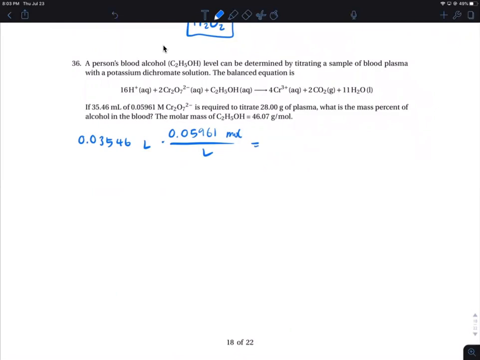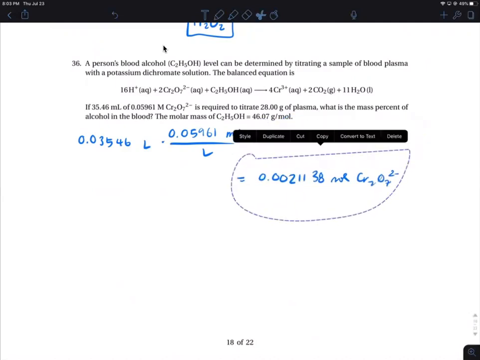And that's going to give us around 0.00211138 moles, 0.2072 minus. And then from here, we can go ahead and, I should have done this in one step. I'm going to do it in one step.